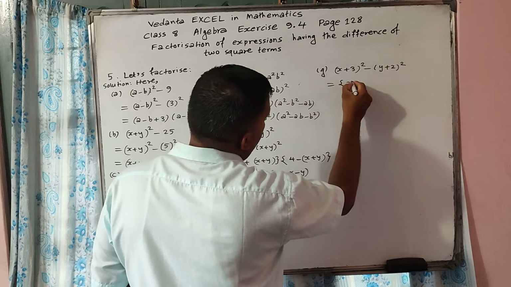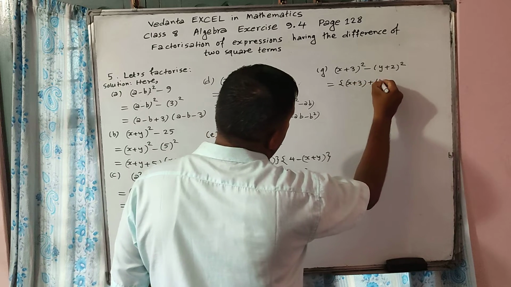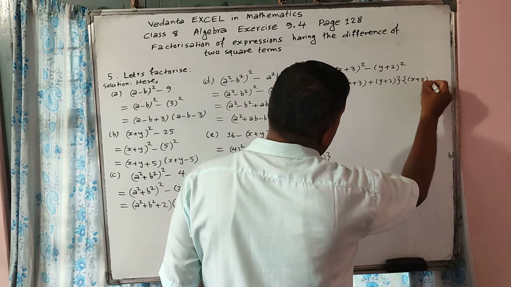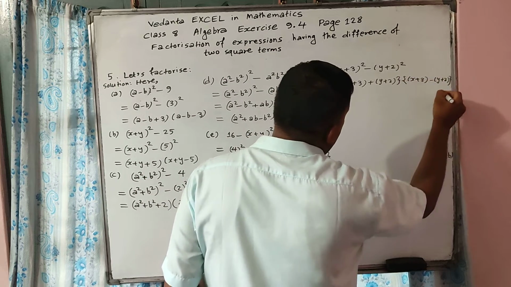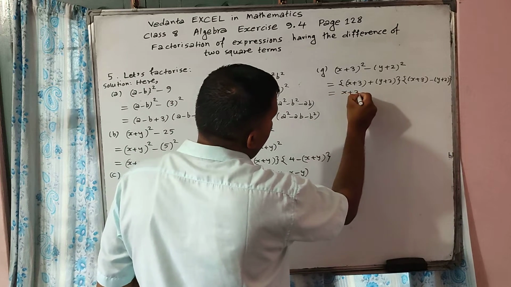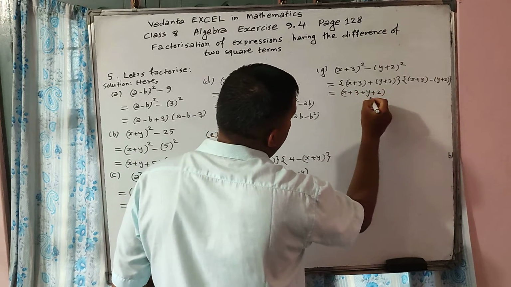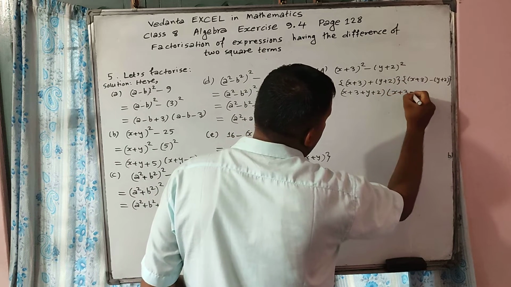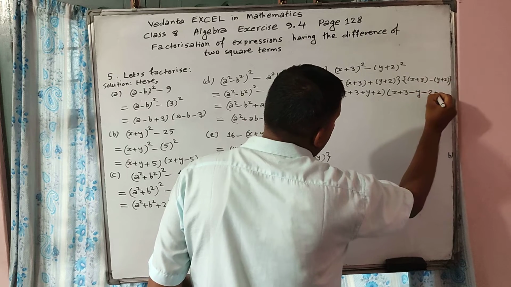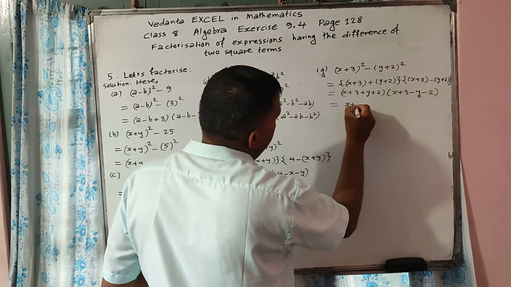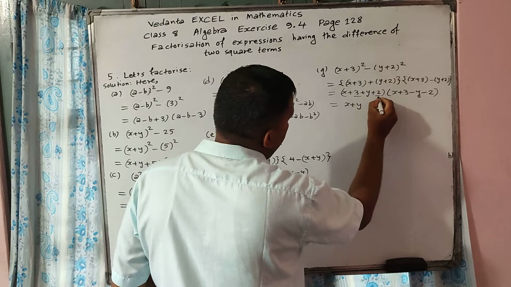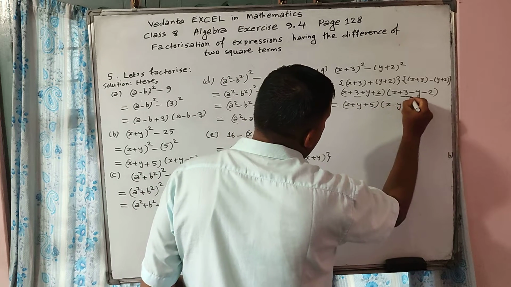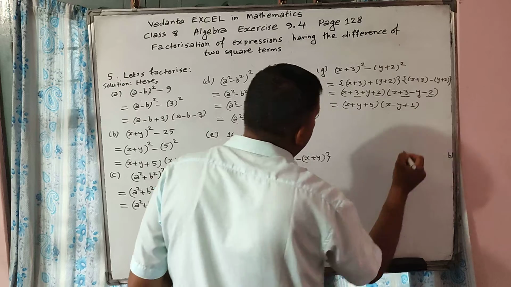This is equal to (x plus 3 plus y plus 2) into (x plus 3 minus (y plus 2)) is equal to (x plus 3 plus y plus 2) into (x plus 3 minus y minus 2) is equal to (x plus y plus 3 plus 2, that is 5) into (x minus y plus 3 minus 2, that is 1).